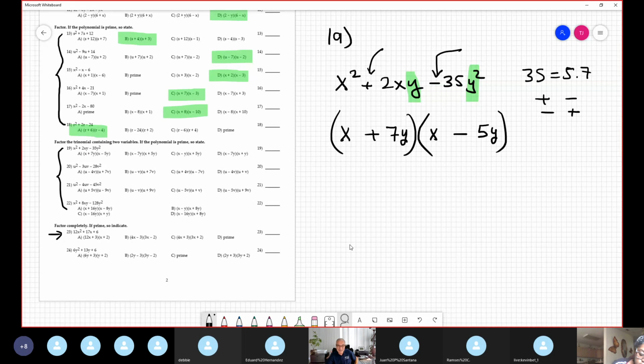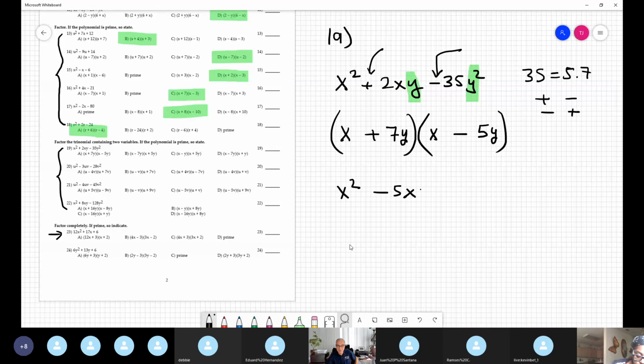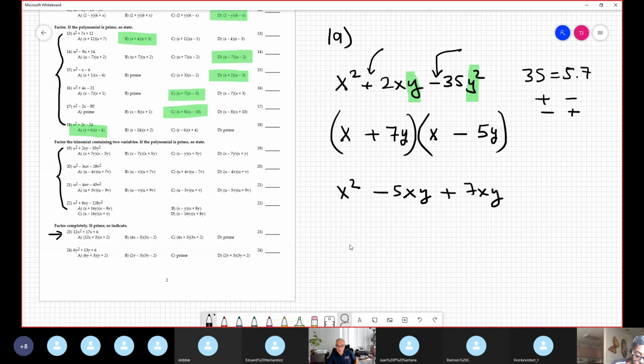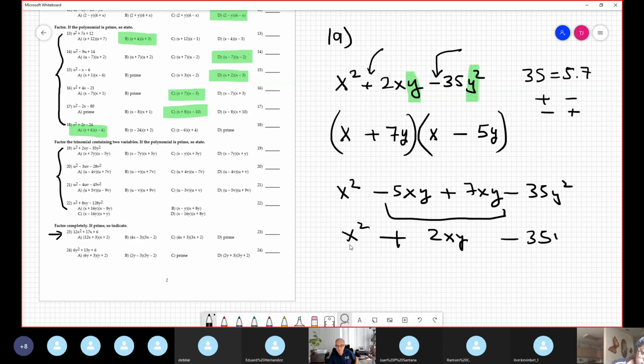Checking quickly: x squared minus 5xy, in alphabetic order, plus 7xy, minus 35y squared. When you combine these together, it's positive 2xy. Bring down x squared and bring down 35y squared. This is plus because 7 positive minus 5 is positive. And we come back to the beginning.